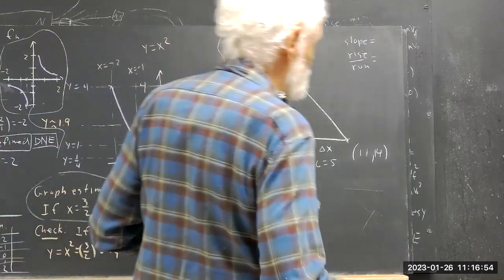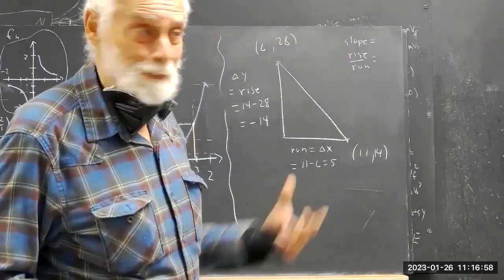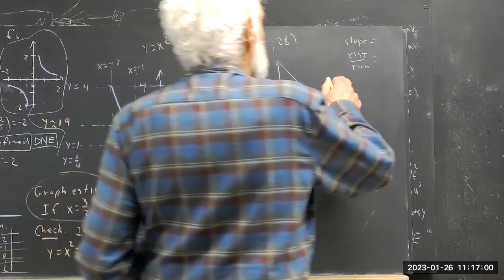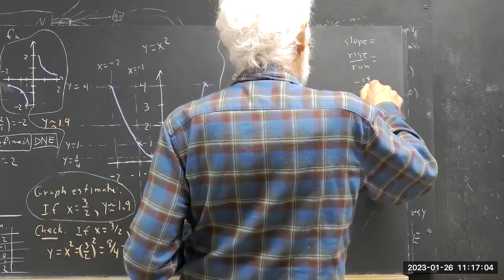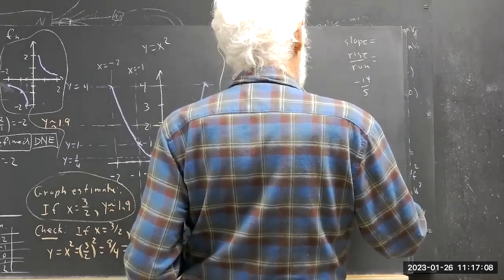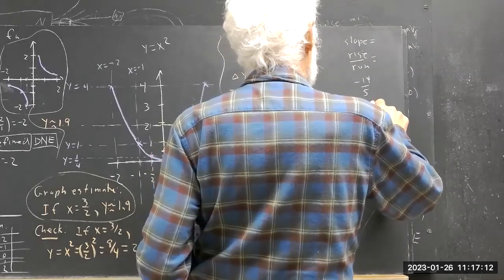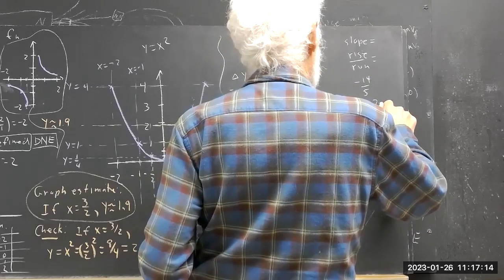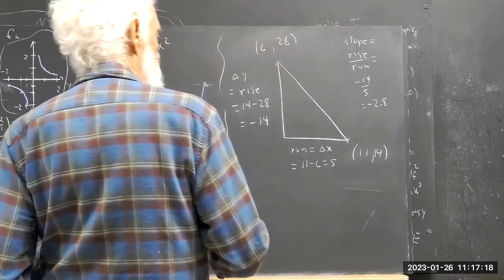I mean, given enough time, you can forget about anything. Okay, slope is rise over run, which is negative 14 over 5. And a decimal approximation is okay. It helps you see how big the slope is.